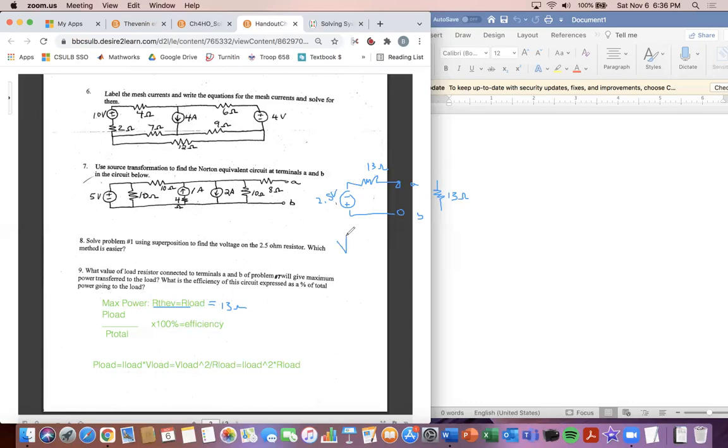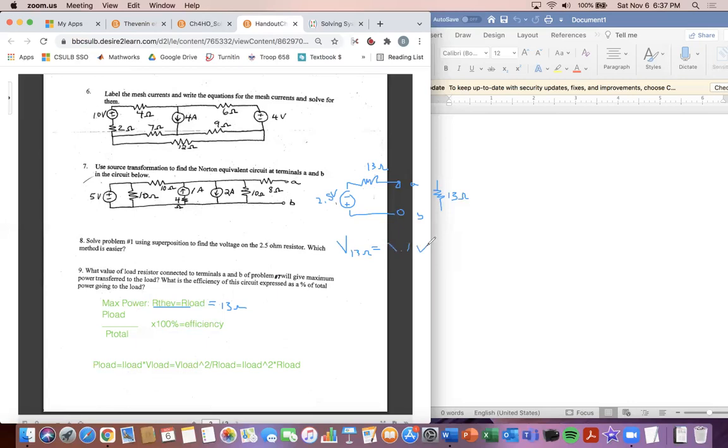So remember, for voltage division, it's the voltage of what we're interested in. So I'm going to say V of the 13 ohm, if we want to find the voltage drop across it, is equal to the voltage of the source, which would equal 2.5 volts.